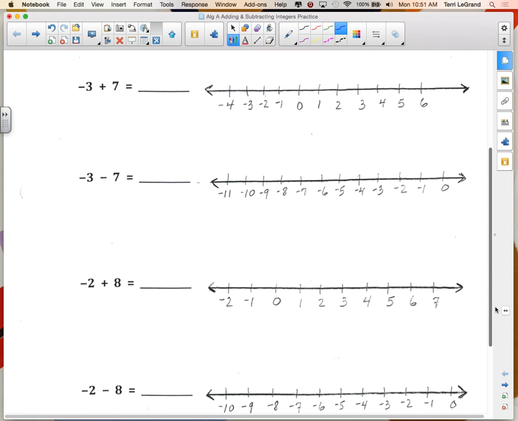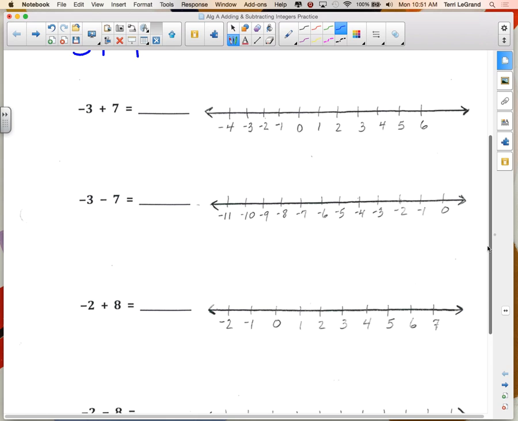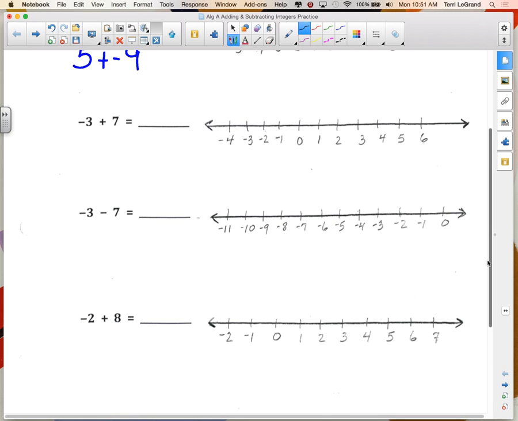So, show it, getting it on the number line. Remember, we start at 0, and for our first move, our first number starts at 0, and we work the direction that its sign is.